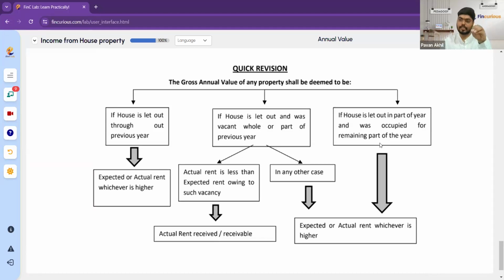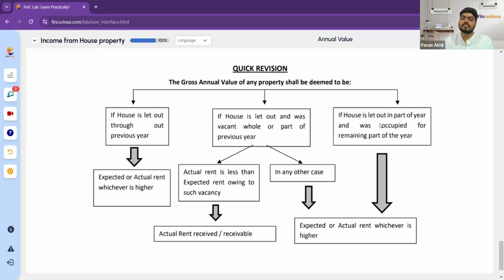If the house is let out and was vacant for whole or part of the year, then what happens? Actual rent is less than expected rent owing to such vacancy, so the actual rent received would be your gross annual value. In any other case, expected rent or actual rent received, whichever is higher. Always that would be the case.